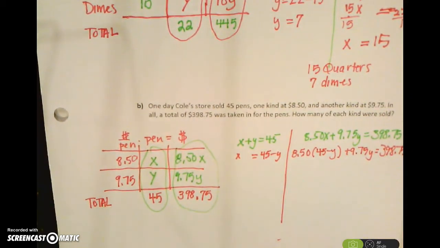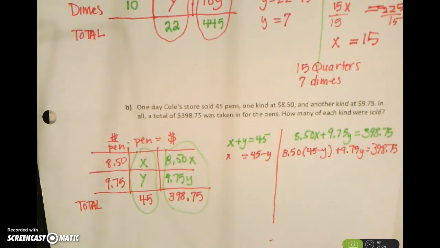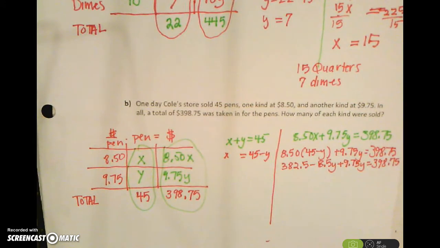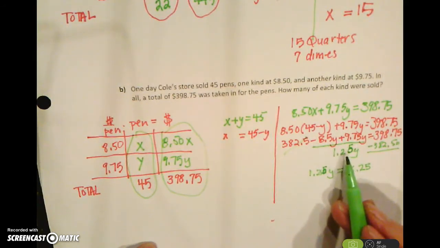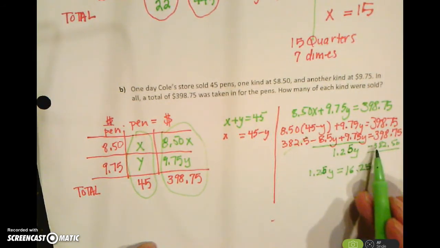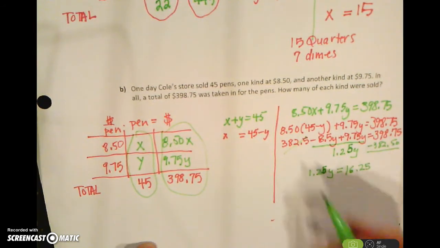This is a place where you'd want to pull out your calculator, and I'm going to do that here and multiply through and distribute. All right, so here I have 382.5 minus 8.5Y plus 9.75Y equals 398.75. So now I'm going to combine my Y's and subtract my 382.5 from both sides. When I combine these, I get 1.25Y. I subtracted my 382.5 and got 16.25.